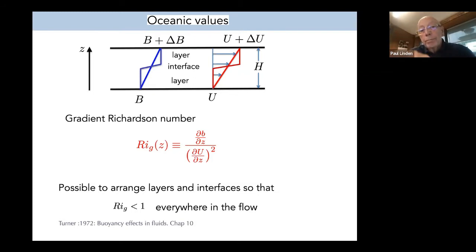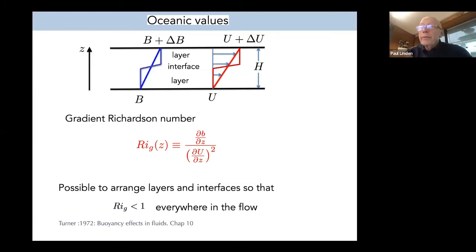Certainly in the case where the buoyancy is constant, dB/dz is 0, so the Richardson number is actually 0 in both the layers, and across the interface you can always make it as small as you like, essentially because you've got the square of the gradient of velocity on the bottom.